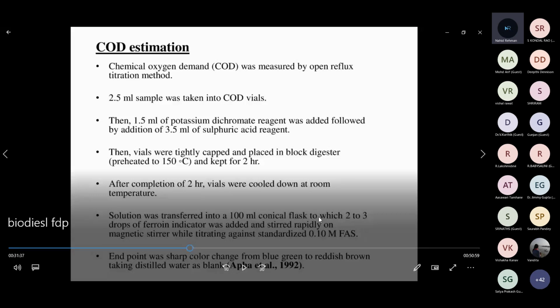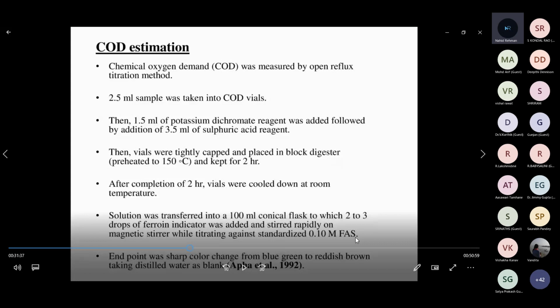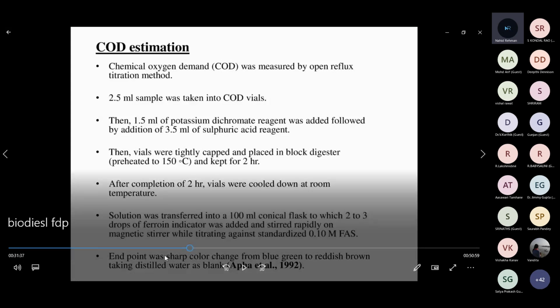Then the solution is transferred to the conical flask where one has to add the ferroin indicator, and then it has to be stirred rapidly over the magnetic stirrer and titrated against the standard 0.1 molar FAS solution. This is ferrous ammonium sulfate, and at the end point you see a sharp color change from blue green to red brown.